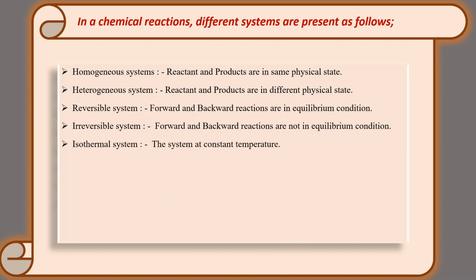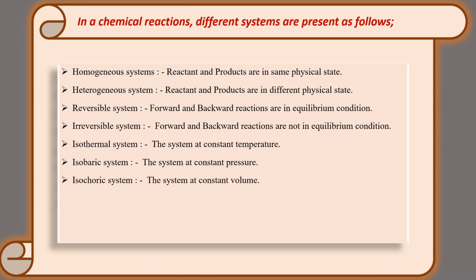Then, on the basis of the conditions applied during the chemical reactions, the systems are called isothermal system when the specific chemical reaction is followed at constant temperature. Isobaric system, when the reaction is followed at constant pressure. Isochoric system, the system followed at constant volume.